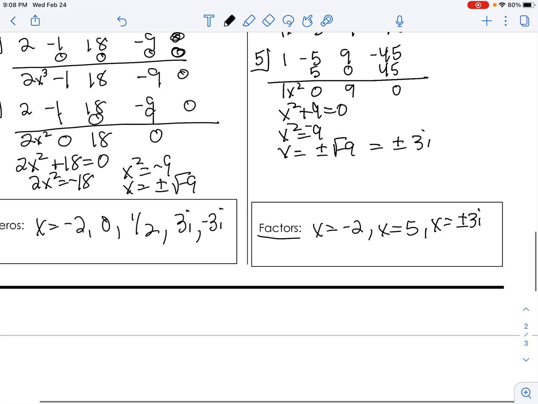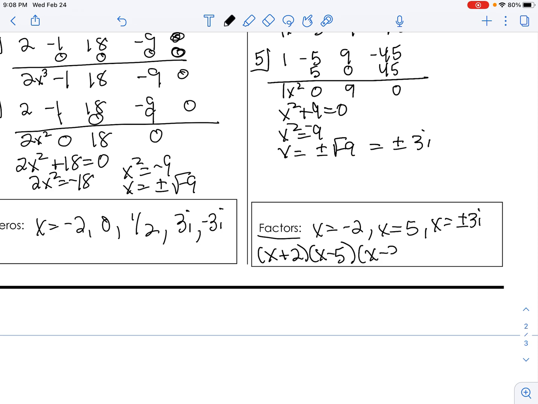But how do we write them as factors? Well, we write them as x minus a -2, or x plus 2, x minus 5, x minus 3i, and then if you do x minus a -3i, it's x plus 3i.